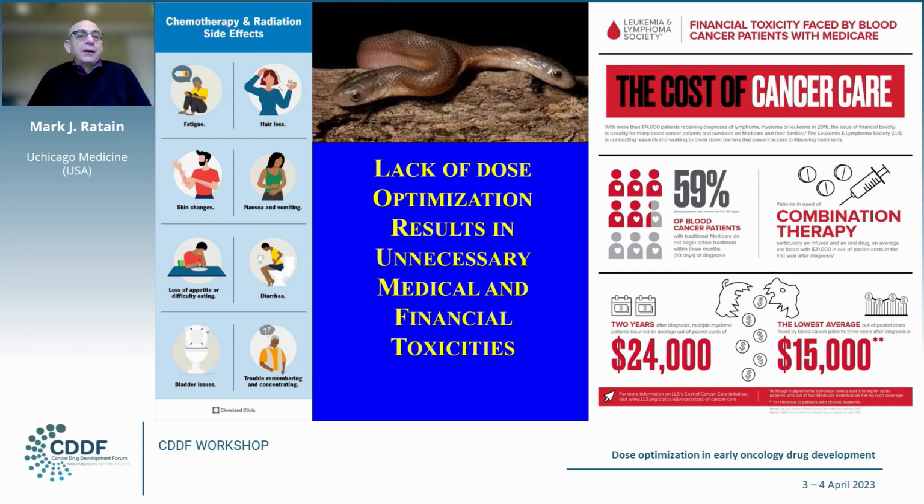And I think we're all familiar with the side effects of the drugs that oncologists prescribe. Patients are all too familiar. And while there are some toxicities that are unavoidable, there are others that can be ameliorated or possibly even eliminated if we optimize the dose.